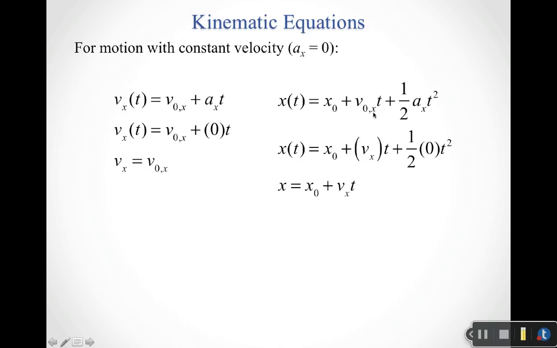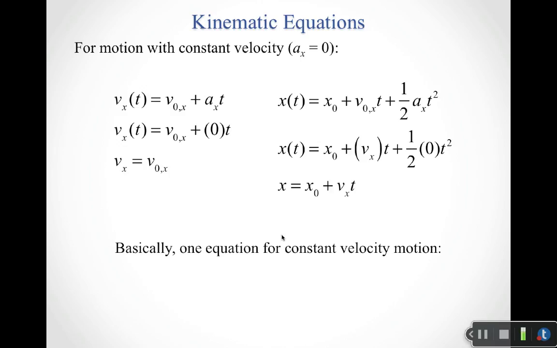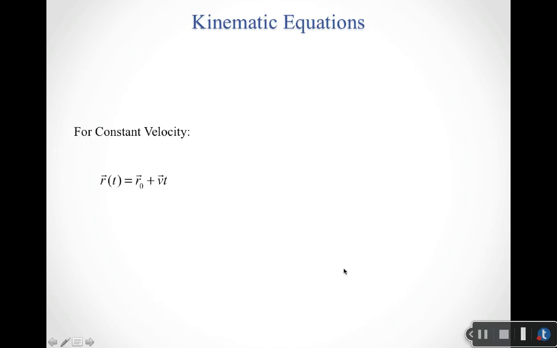Since it's constant velocity, this makes sense, because it's just telling me that the velocity value isn't changing. For my position equation, when I plug in a equals 0, and plug in the fact that my initial velocity is just vx, so I'm just relabeling this term using what I got right here, it leaves me with this. Effectively, what this means is that if I have constant velocity motion, there's just one equation: position as a function of time is the initial position plus velocity times time.